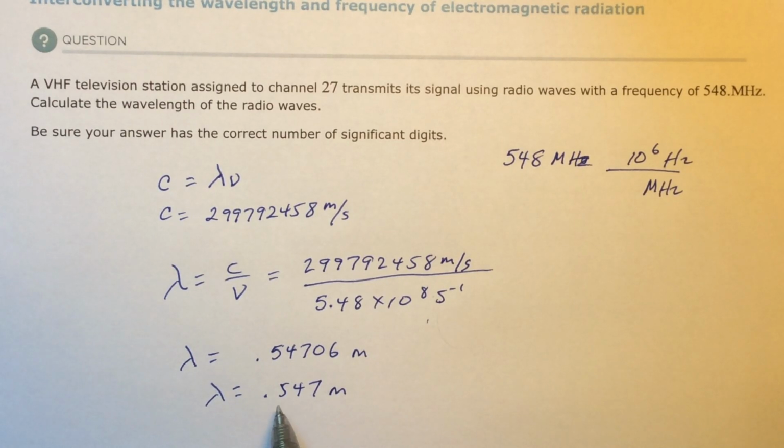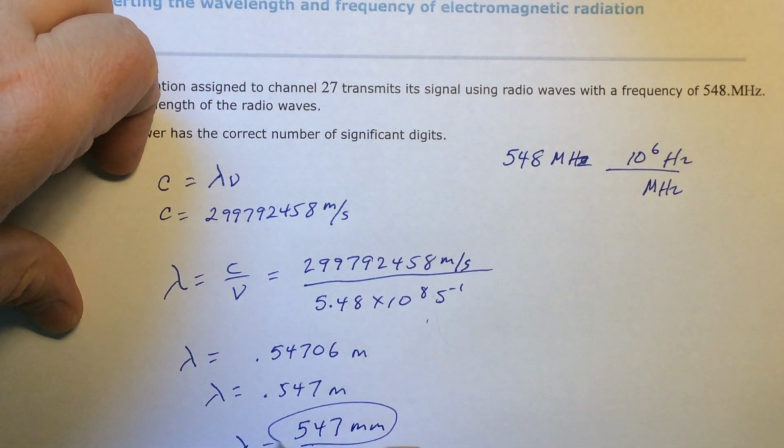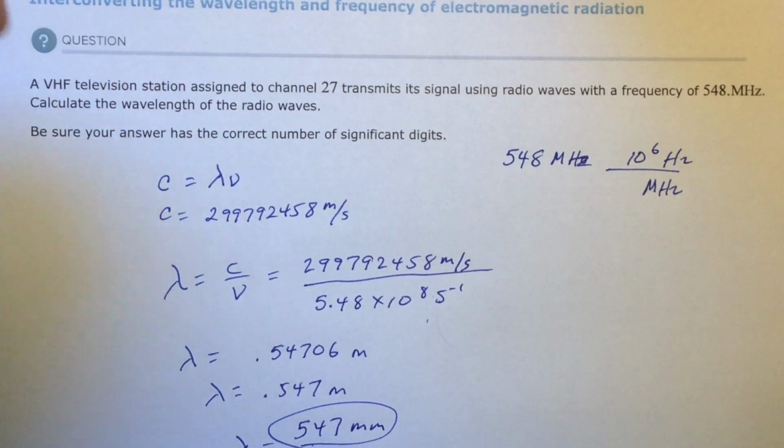If I'm going to have 0.547 meters, that's like half a meter. Most likely they're going to do it in millimeters here, so that it's not a decimal for everything. Usually they don't mind a decimal, but they don't want everything to be a decimal. So probably it would either be in centimeters or millimeters. So let's do millimeters. This would be 547 millimeters. Okay. All right, thanks.